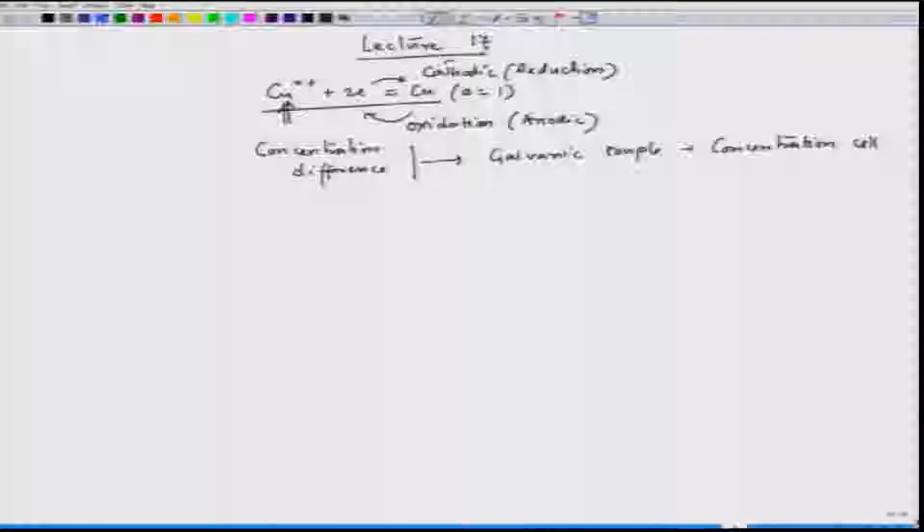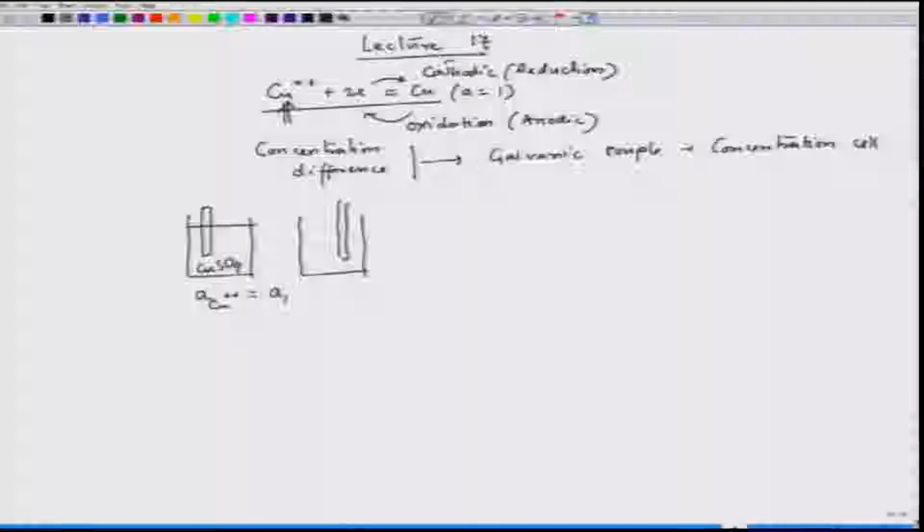Now, if we construct the cell, let us say this is a copper sulphate solution and we have a copper electrode, with activity of copper plus plus equal to, let us say, A1. Then we have another half cell we can construct, same solution, but here activity of copper plus plus is equal to A2.